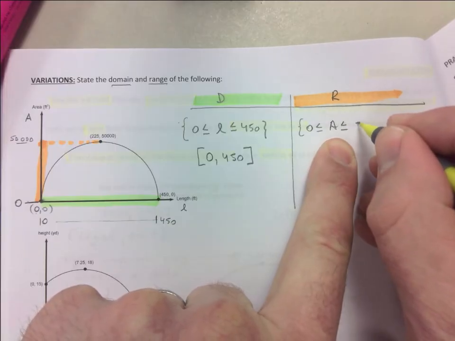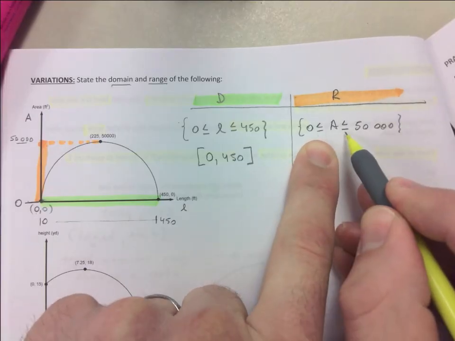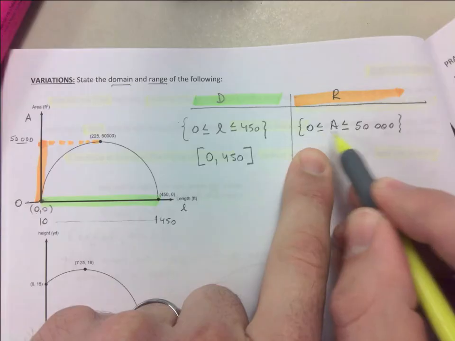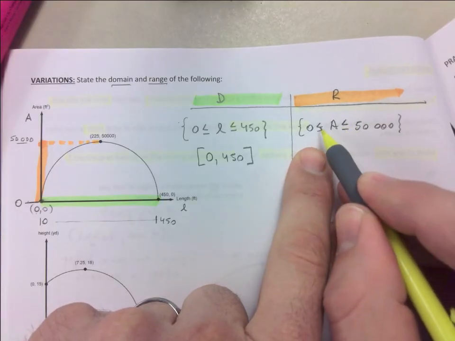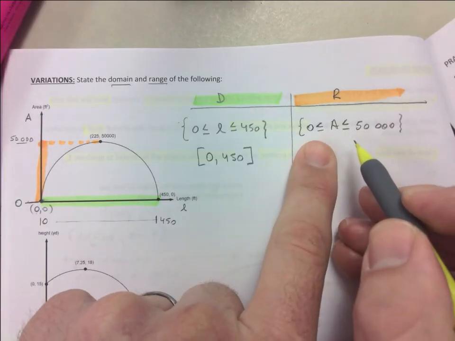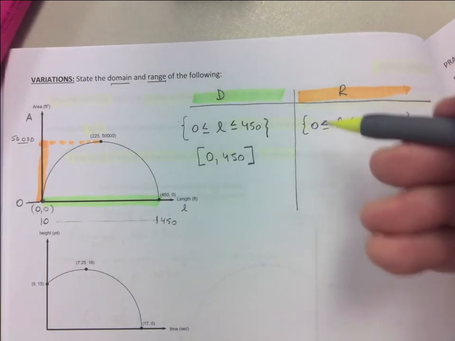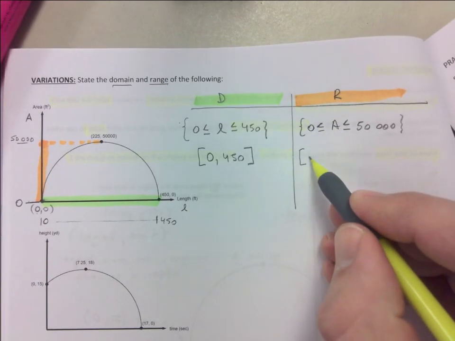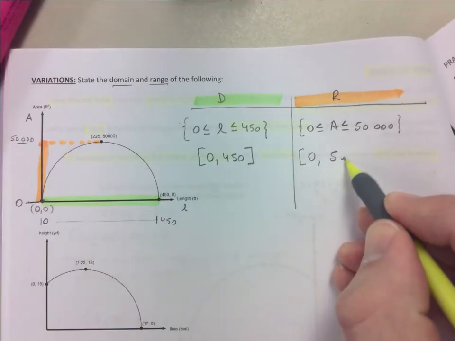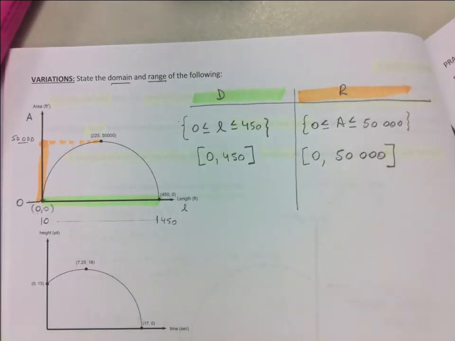We're trapped as well, so when you're trapped, you have to have those inequality symbols on both ends. And they always face the same way, so you don't have to worry about when it's different. And so we go from 0 to 50,000. There we go. You have your domain and range.